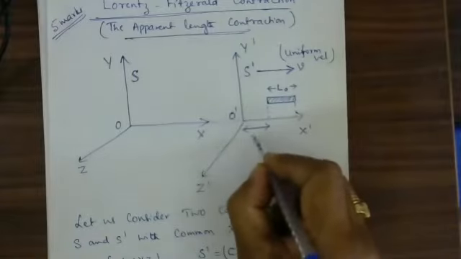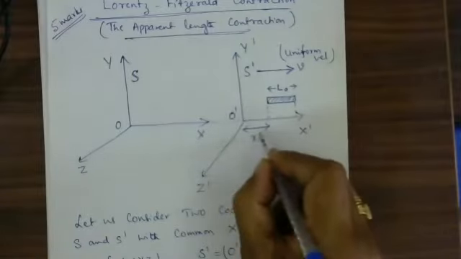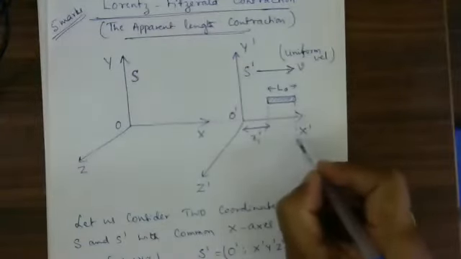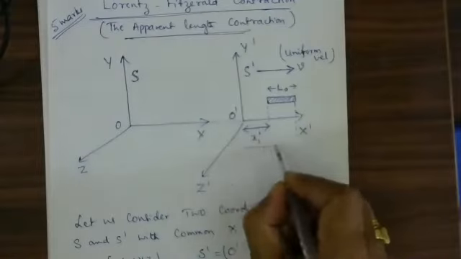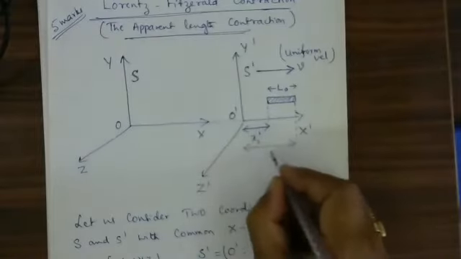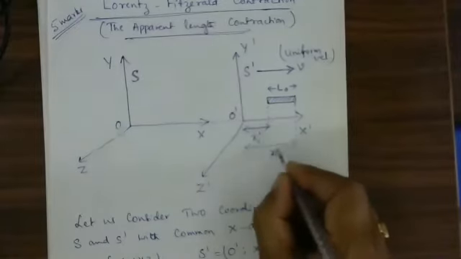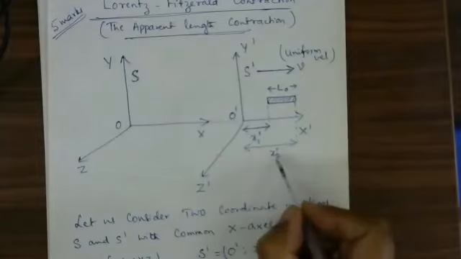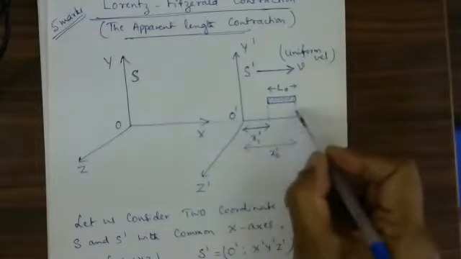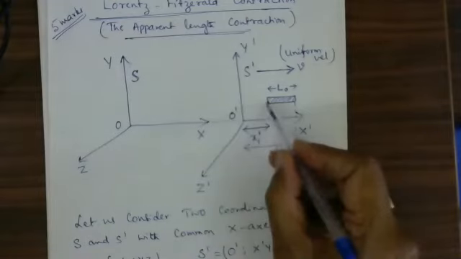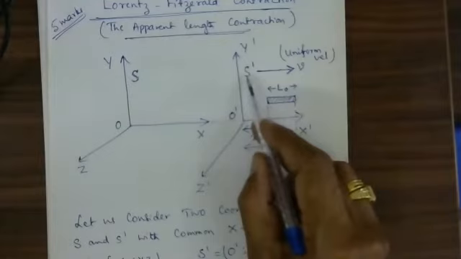This one I will take as x1 dash. This length, from here to here, is x2 dash. x2 dash is the coordinate of one end, and x1 dash is the coordinate of the other end of the rod in frame S dash.